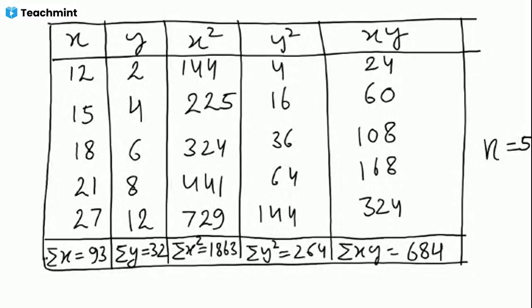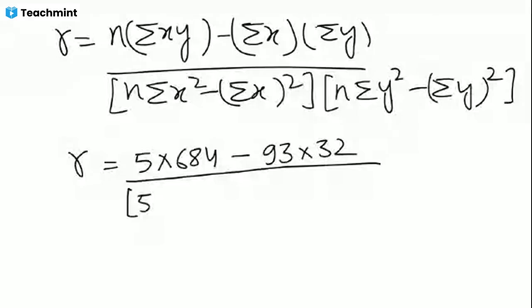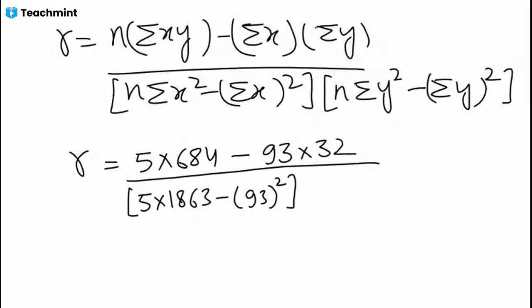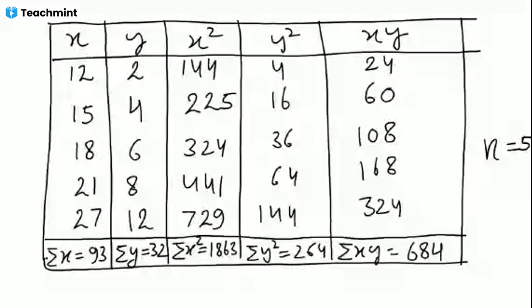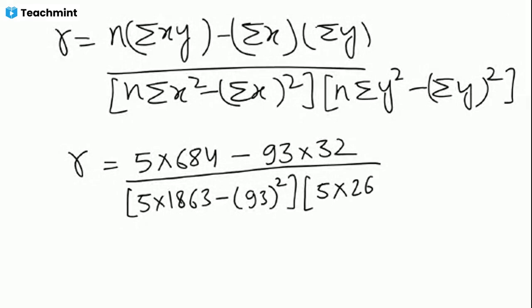Summation x square is 1863, so 1863 minus the square of 93. Then 5 into summation y square, which is 264, minus summation y whole square, where summation y is 32. So now let us simplify.